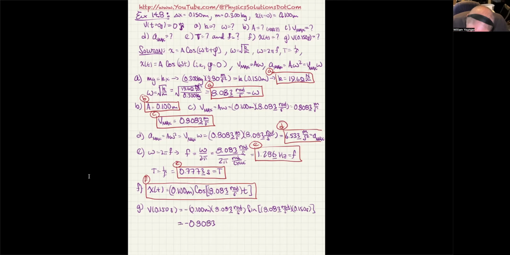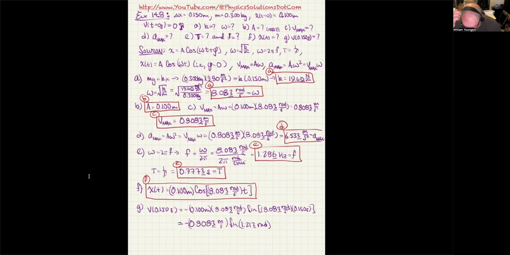So this is going to be negative 0.8083. Notice I am just repeating what we did earlier. This is meters per second. And all that is multiplied by the sine of 8.083 times 0.150, which gives us 1.212 radians. But I'm not going to use radians.